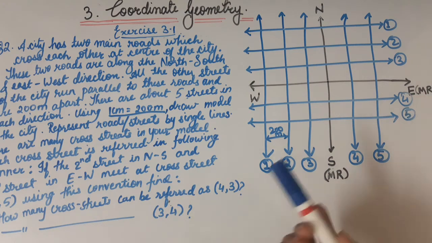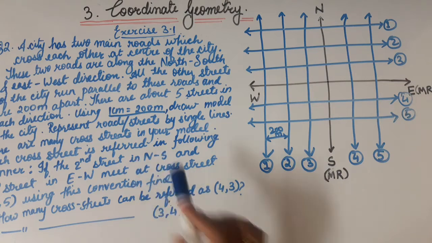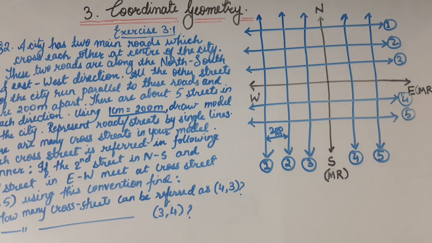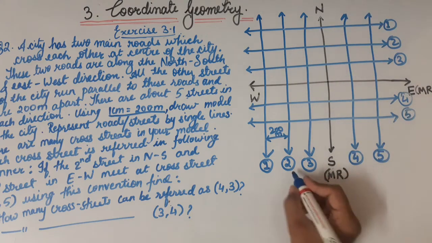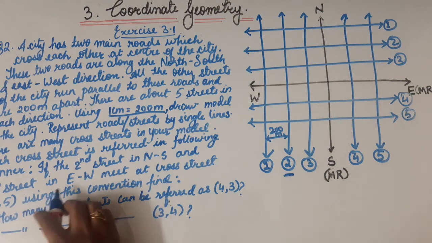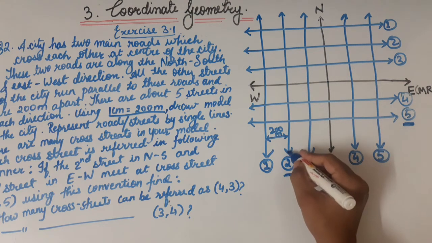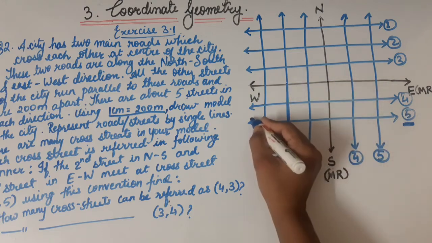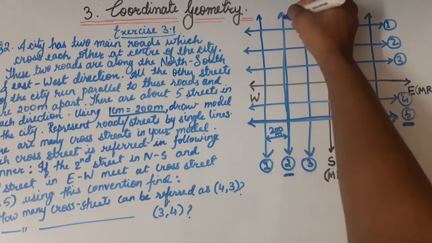Now what have they given us? If the second street in north south, so the standing ones are the north south, and the fifth street in the east-west, they meet at a cross street. So where are they meeting? Check. This one and this one. These two, right?